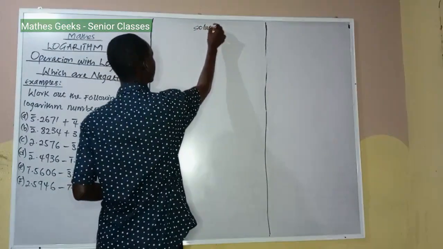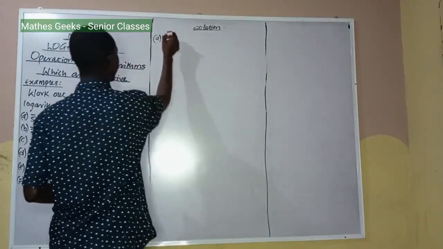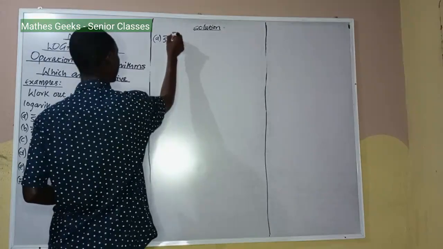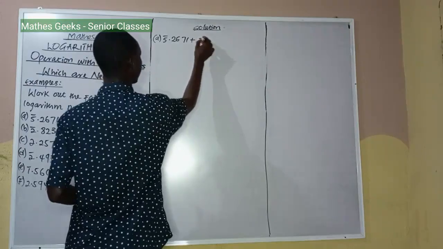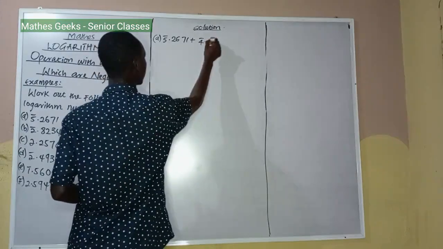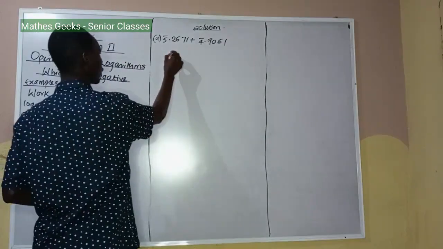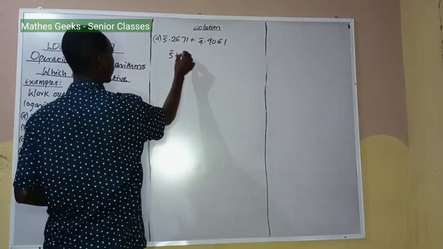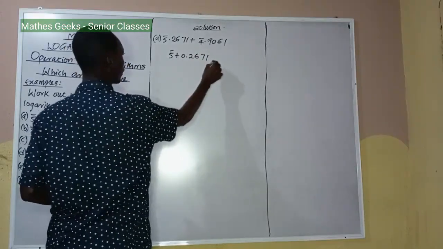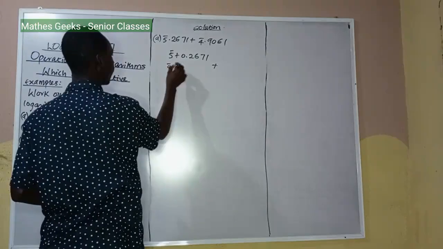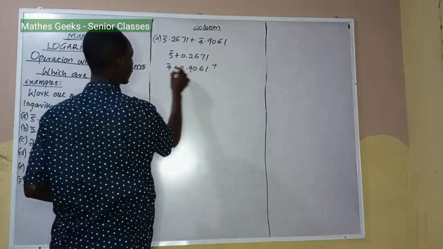Solution, A: bar 5.2671 plus bar 4.9061. So we're going to have bar 5 plus 0.2671, plus bar 4 plus 0.9061.